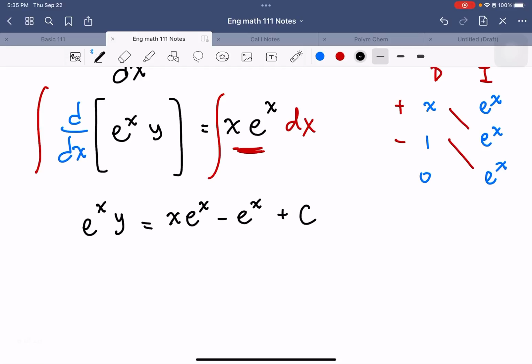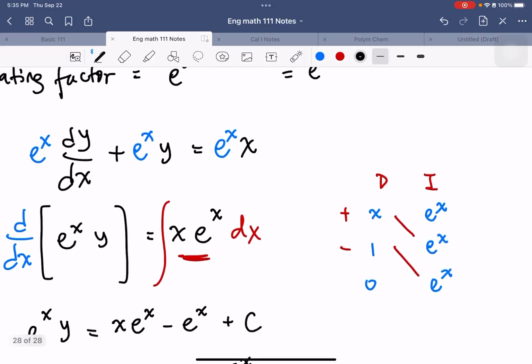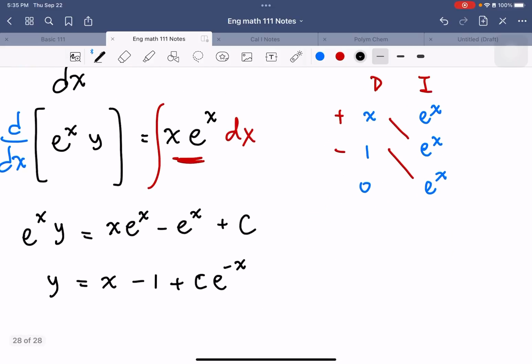Then divide all components by e to the x. So it becomes y = x minus 1 plus c e to the power of negative x, right? So perhaps this is the general solution.